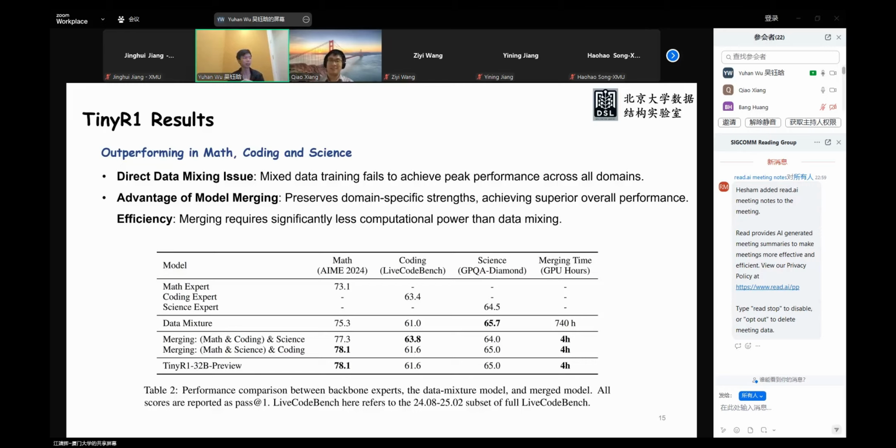So I think most big companies use data mixture, but in the university, model merging is worth trying, because it needs much less GPU hours, and I think the students have more time to do these experiments.